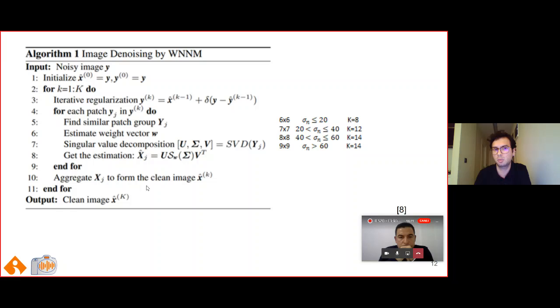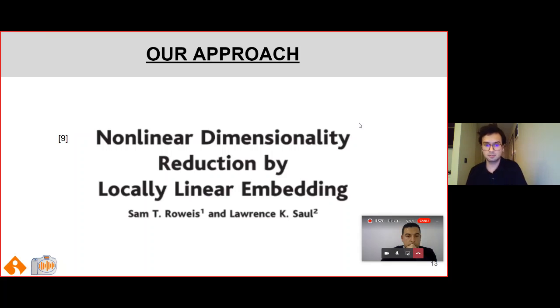The critical point about weighted nuclear norm minimization is here: the patch sizes are changing. They are changing depending on the noise standard deviation and the number of neighbors that we use for the application. And then let's focus on our approach here.